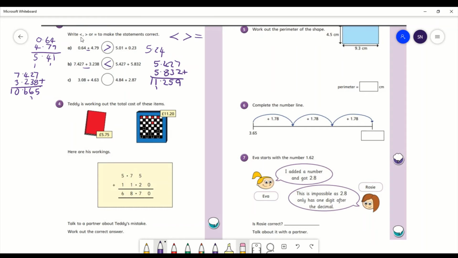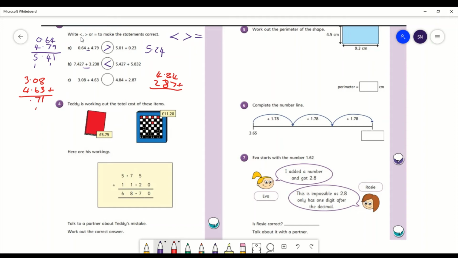Okay, I'm just going to rub these out, give myself some space. 3.08, 4.63, 4.84, 2.87. 3, that's 11, that's 7.